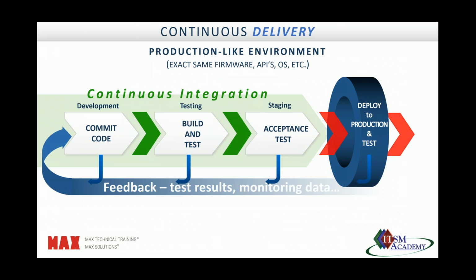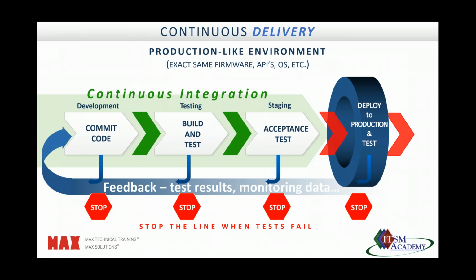Also in that formula for success is this ongoing feedback loop. The idea is that anytime during this pipeline, you can stop the pipeline when there is an error and take corrective action. And it's through these amplified and shortened feedback loops that we are able to keep the product in a releasable state until it is staged at the end of the continuous delivery pipeline.